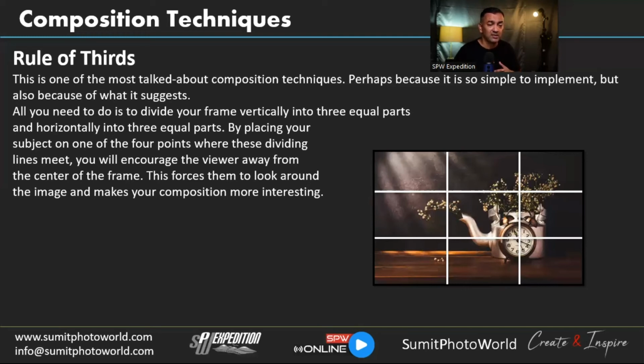The basic idea about this composition technique is that whenever we read an image, we always read through these focal points. It's scientifically proven that when we read any image, we read through these intersection points. This forces them to look around the image and makes your composition more interesting.